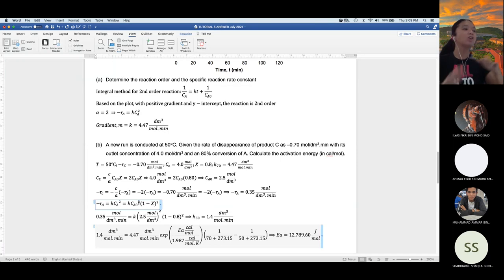Boleh saja. You will get your K at 50 Celsius as 1.4. So dah dapat K2, T2, dah tahu K1, T1. Hence ganti balik dalam Arrhenius equation, kamu dapatlah nilai EA yang seperti what they want in the question.